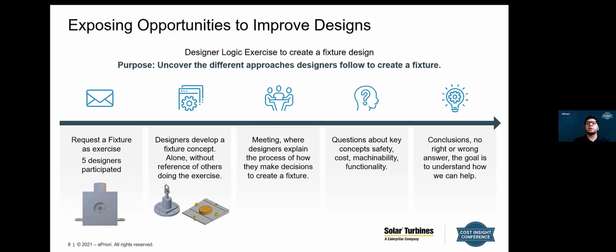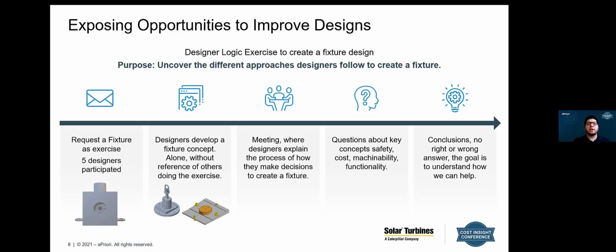First, we play the role of requesters, and we request a fixture for this part that we created as a mock-up component. For the exercise, we have 5 designers who work alone without reference, and every designer comes up with a solution for this component.